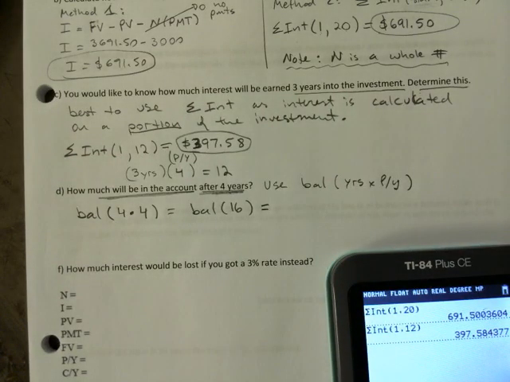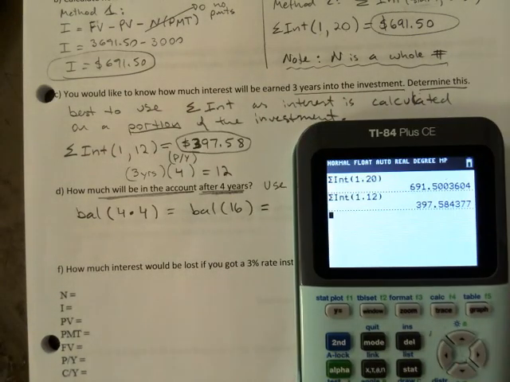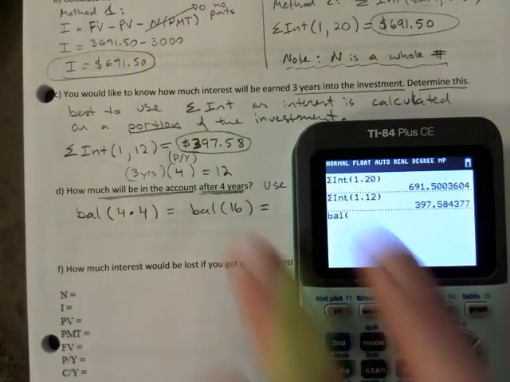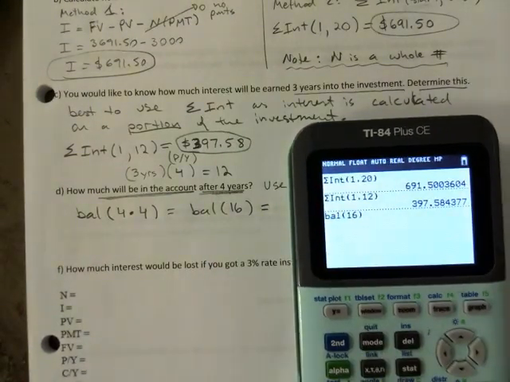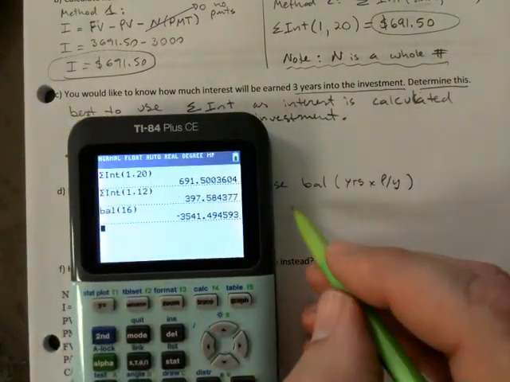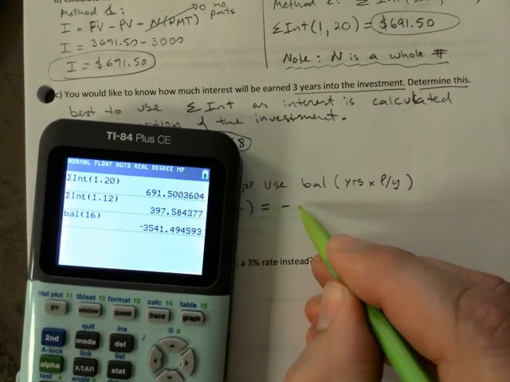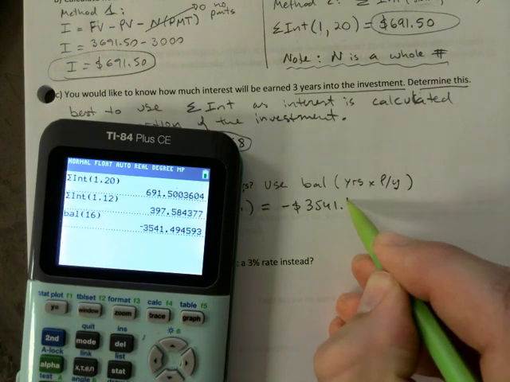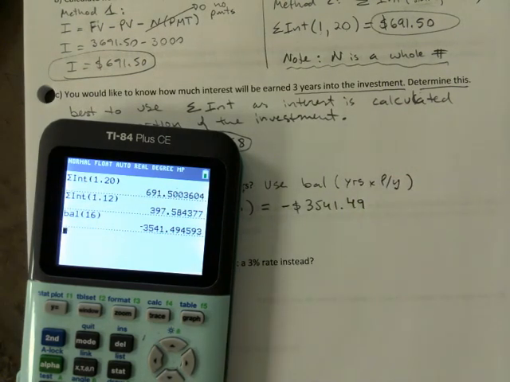And here we go. Grab your calculator. We're going to go to apps, finance, not TVM solver. We're going to go to balance. Like, how much do you have? We're going to go balance, and then type in 16. Close the bracket. And I know it's going to be weird. It's going to be negative. And why is that?